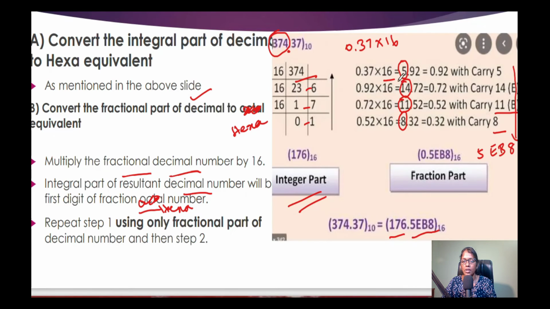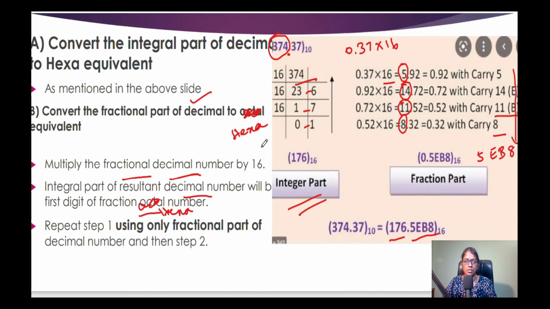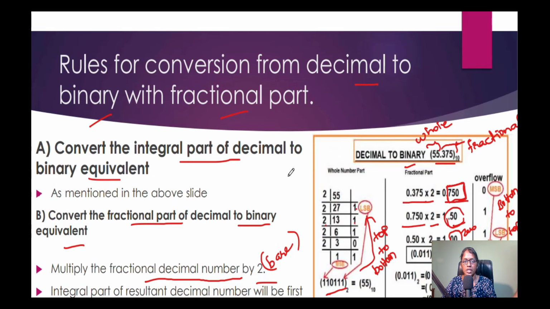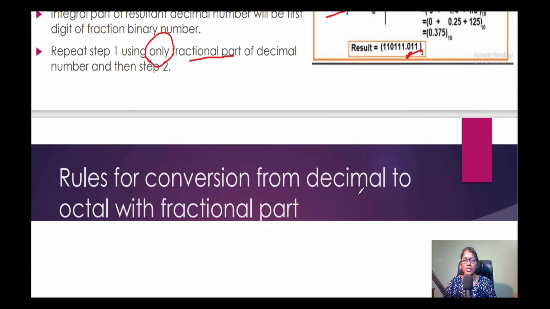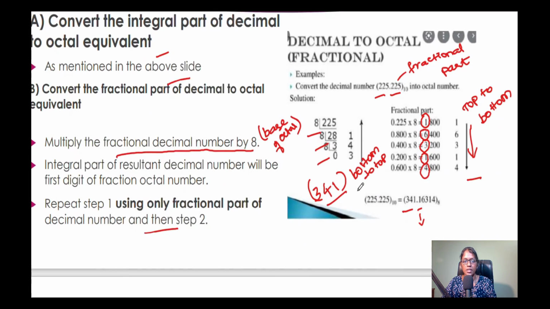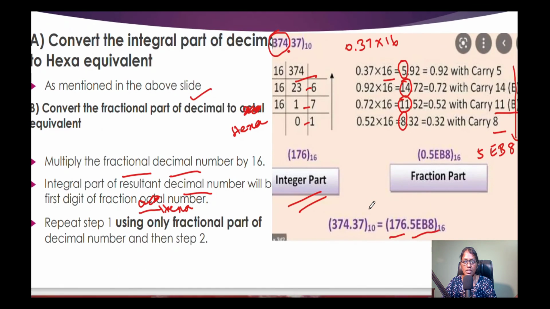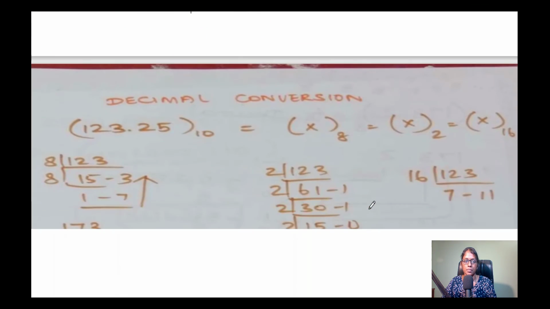Remove the overflow, take down the overflow as the first number and take the fractional part for the next calculation. So this is the logic here. Rules for converting from decimal to binary with fractional part, decimal to octal with fractional part, and also the next one, decimal to hexadecimal with fractional part.